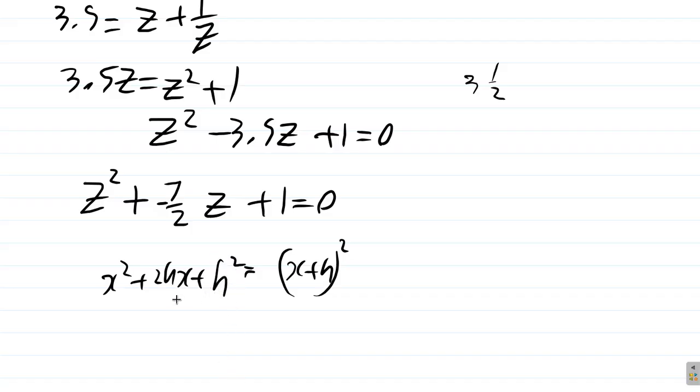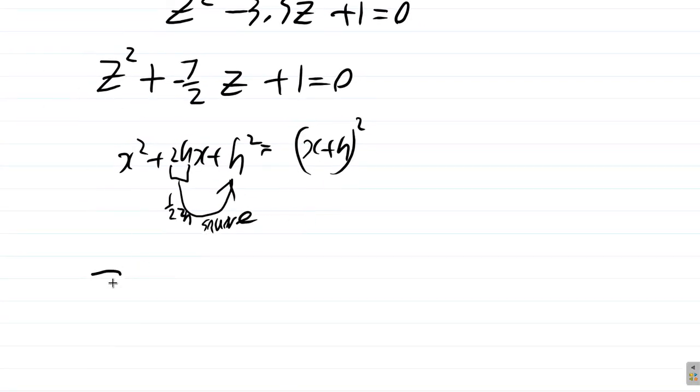So you halve the number that multiplies x and square it to get this. Half of 2h, and then you square.